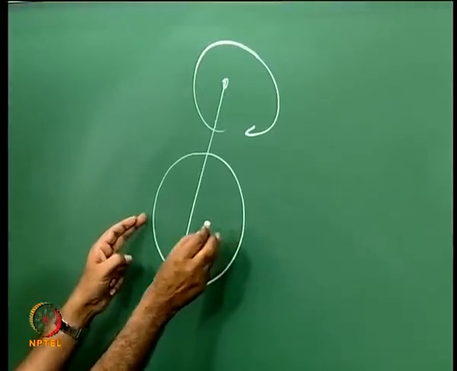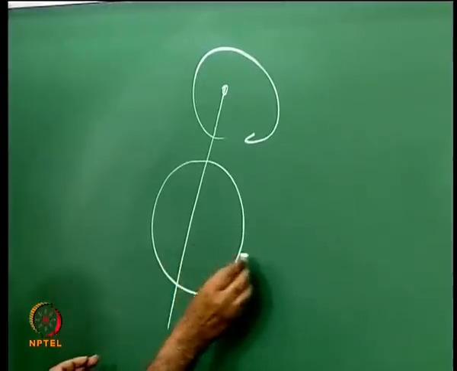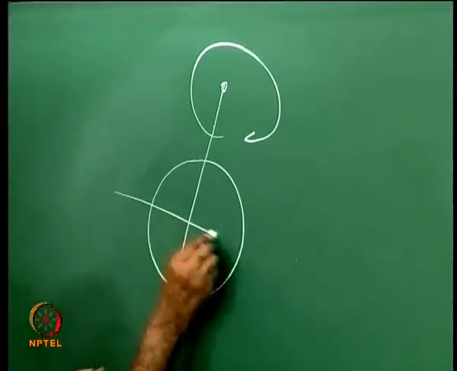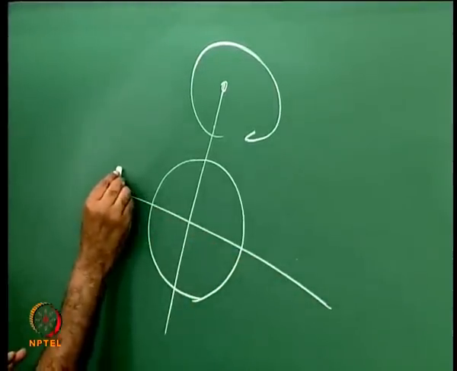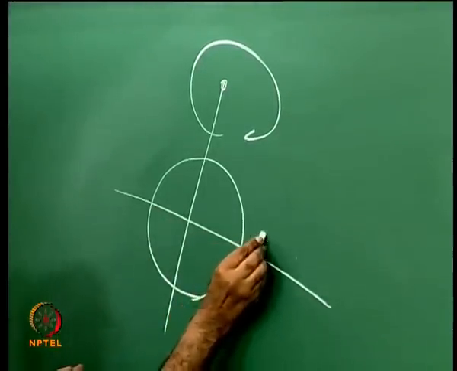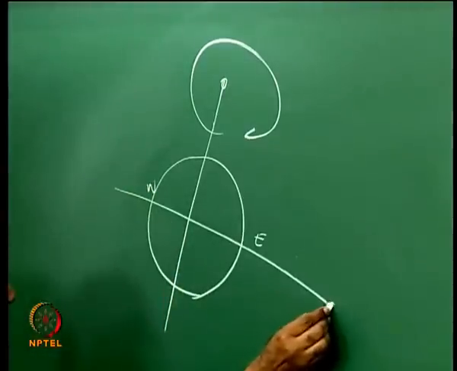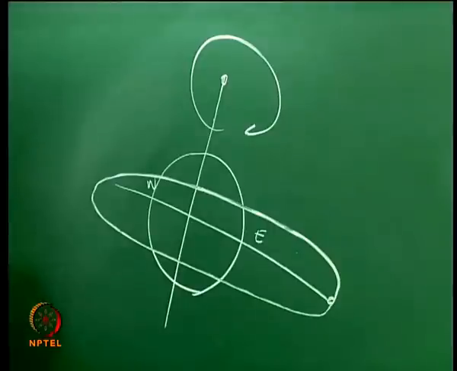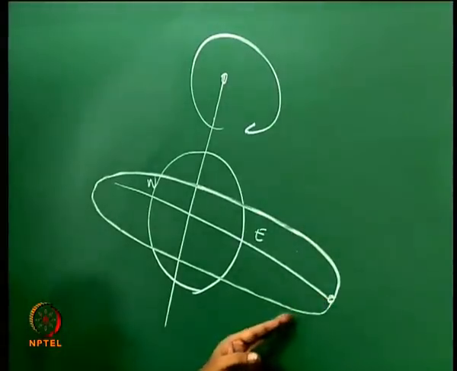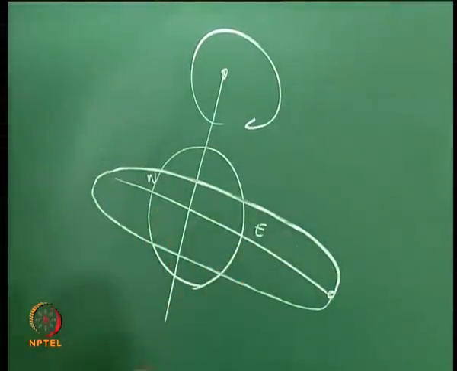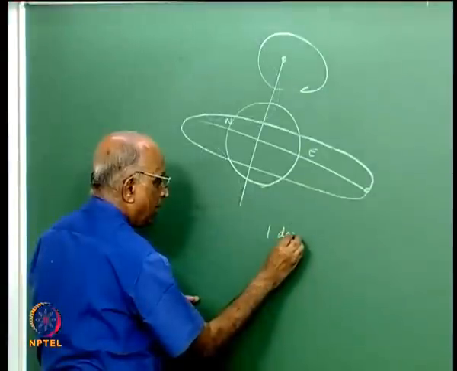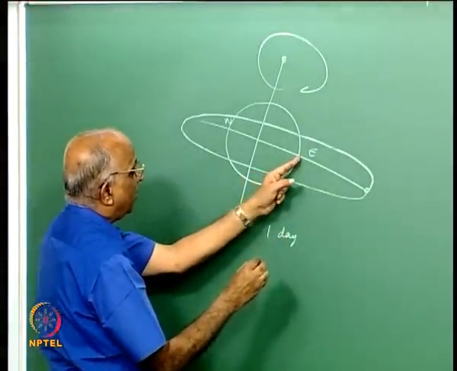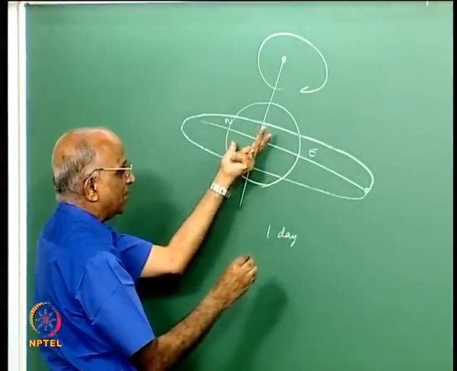In other words, the time taken for one revolution, let us say the body is on this plane, moving from east to west, maybe going round over here, the time taken for one orbit as it goes round is 1 day, which is the same rate at which the earth is rotating on its axis.